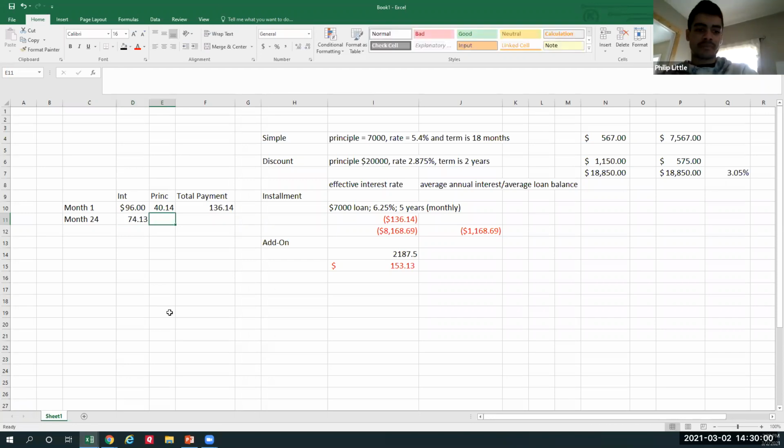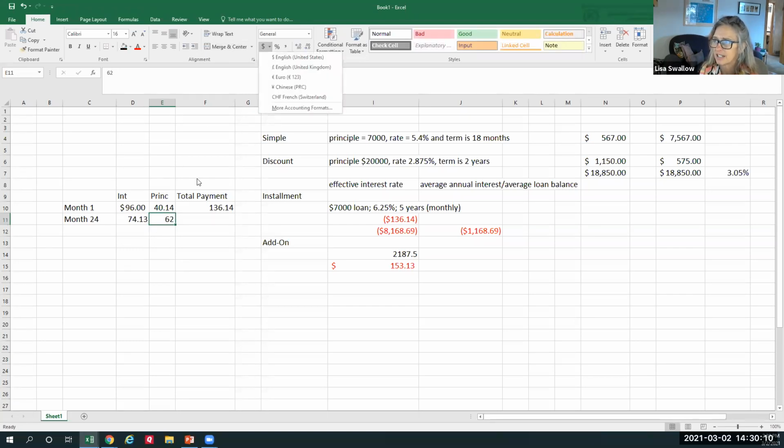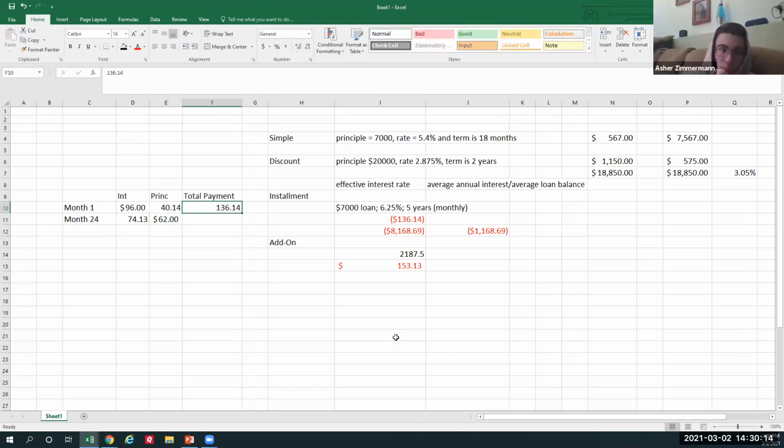What's going to happen to the amount that goes to principal? I don't expect you to do this off the top of your head, but it's going to be $62, right? Do the payments change, you guys, in an installment loan? No. What changes is the allocation of the payment between interest and principal.